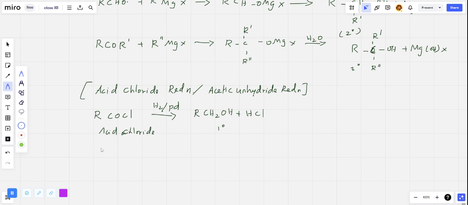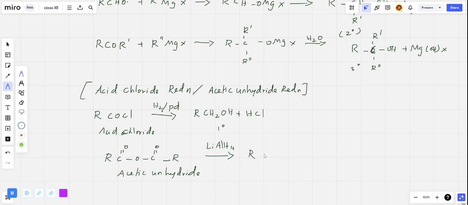Then if you are using acetic anhydride or acid anhydride, that means RC double bond O, so this is acid anhydride. On reduction, here we are using lithium aluminum hydride as a reducing agent.